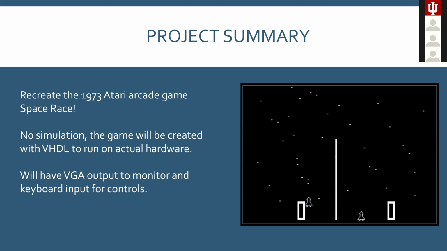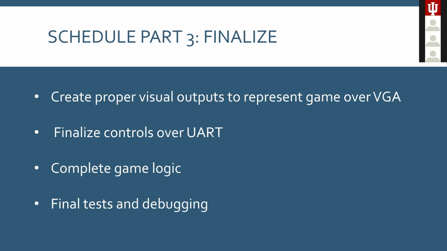You can see the 2 ships there in that image on the right. Wrap up the game logic, make sure there's a win state and a lose state. The player can die, reset the game, and they can have their score go up as they win. And then, of course, final testing and debugging, because I'm sure there's going to be several bugs.